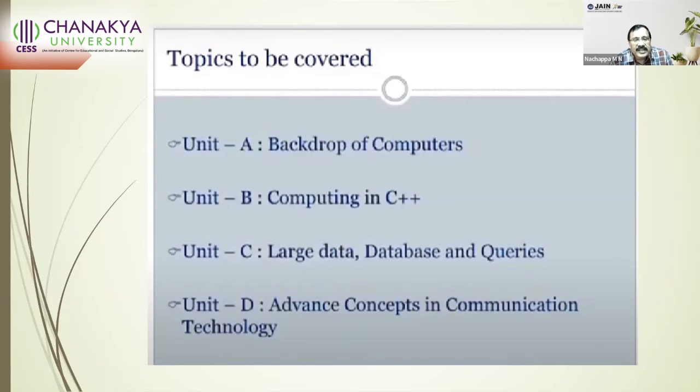Roughly, we'll first try to understand what units there are and what we have to concentrate on. The first unit is backdrop of computers. Here we need certain knowledge of the configuration of a computer. Remember, all of you are working on a computer, and somebody asks you, what is the configuration of your computer?